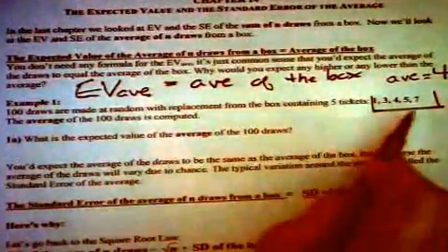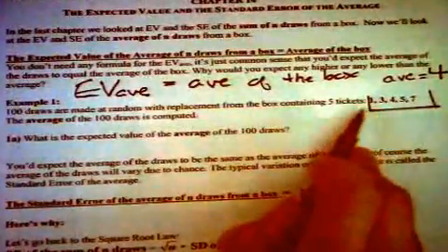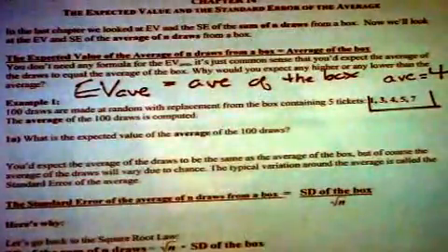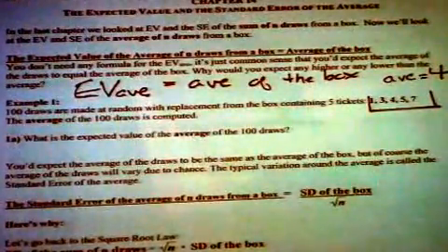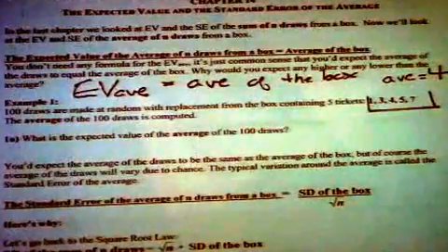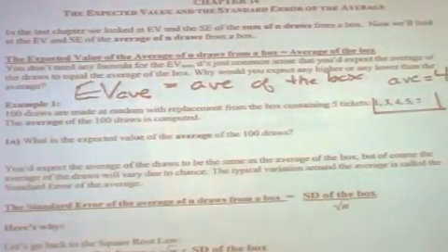If you drew from here 100 times, would you expect to get all 7s or all 1s? No, your best guess is to get about the average. So there's nothing to figure out here. Your expected value for the average is the average of the box.